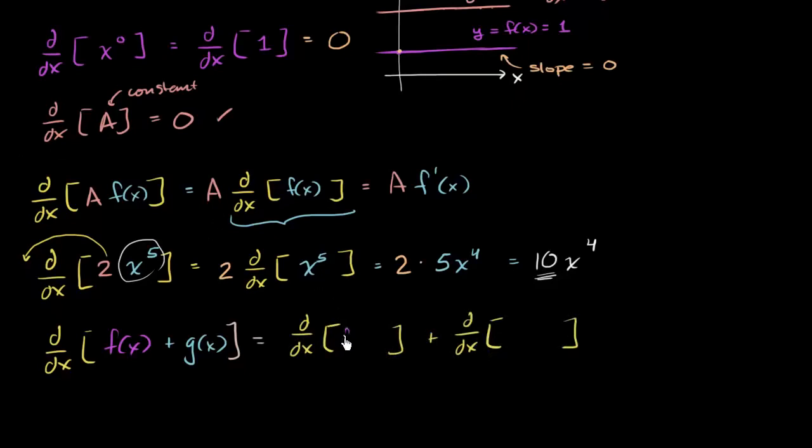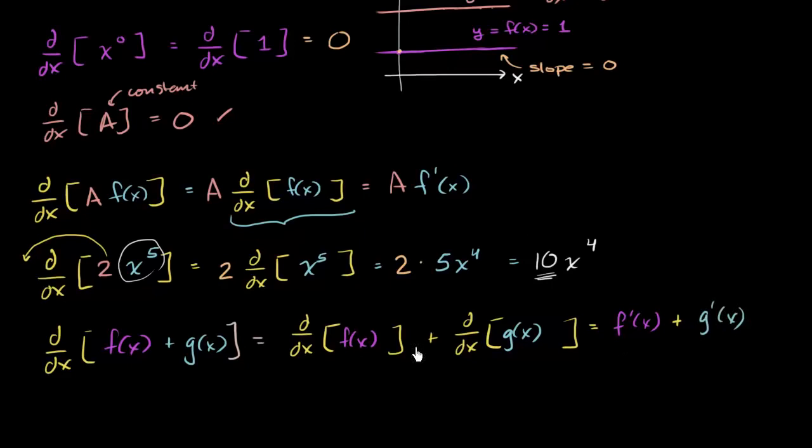So we put f of x right over here and g of x right over there. And with the other notation, we can say this is going to be the same thing. The derivative with respect to x of f of x we can write as f prime of x, and the derivative with respect to x of g of x we can write as g prime of x.